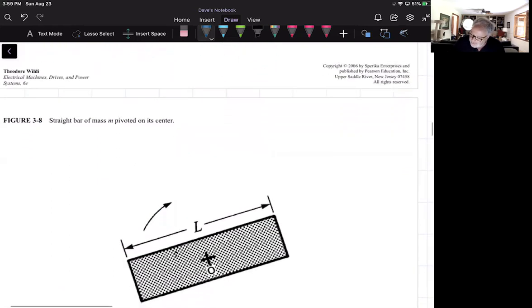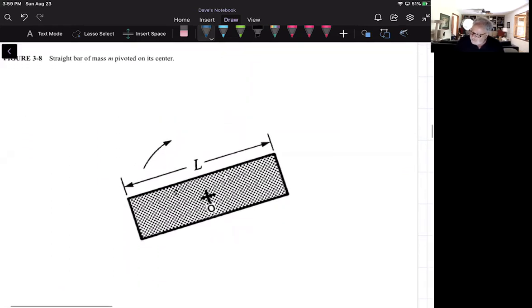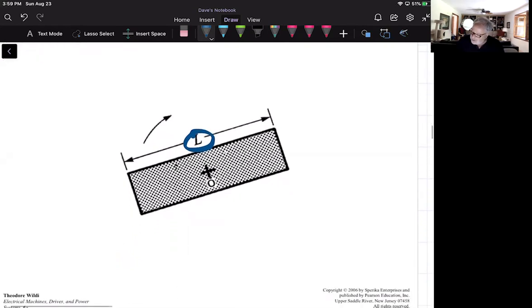Another J number is given to us in figure 3.8. It is a straight bar that has a particular length and a particular mass. If we want to know its J number, its moment of inertia, that concept may not be exactly clear, but just know that this moment of inertia is attached to every rotating object, and that number is unique to the shape of the object.